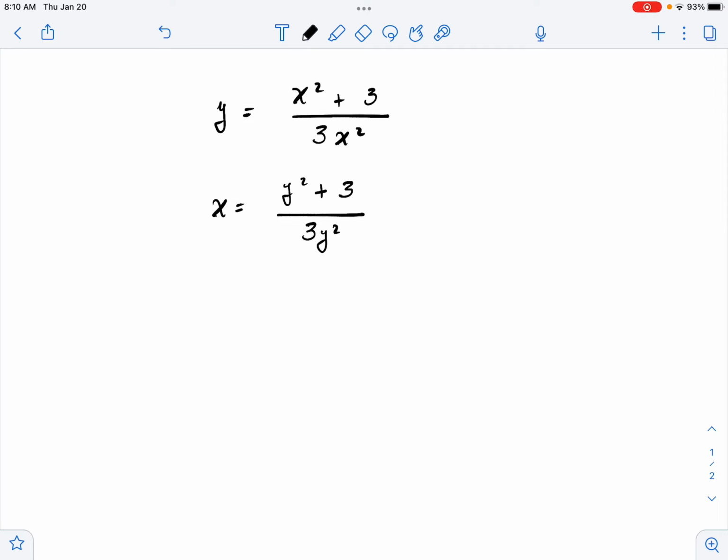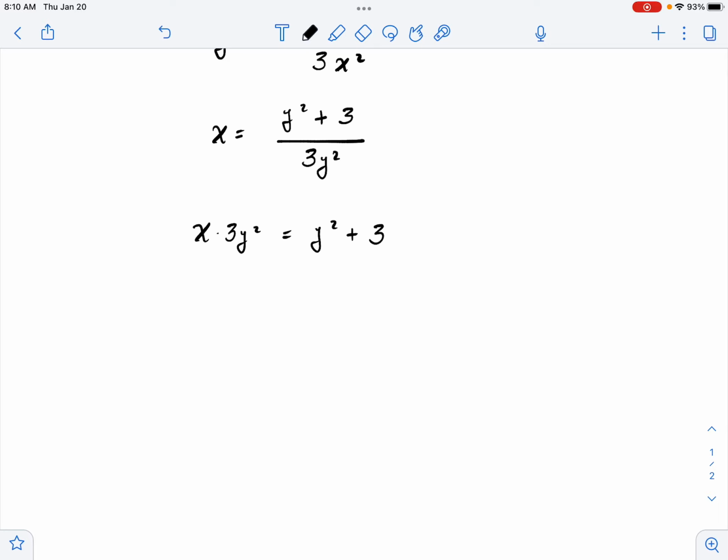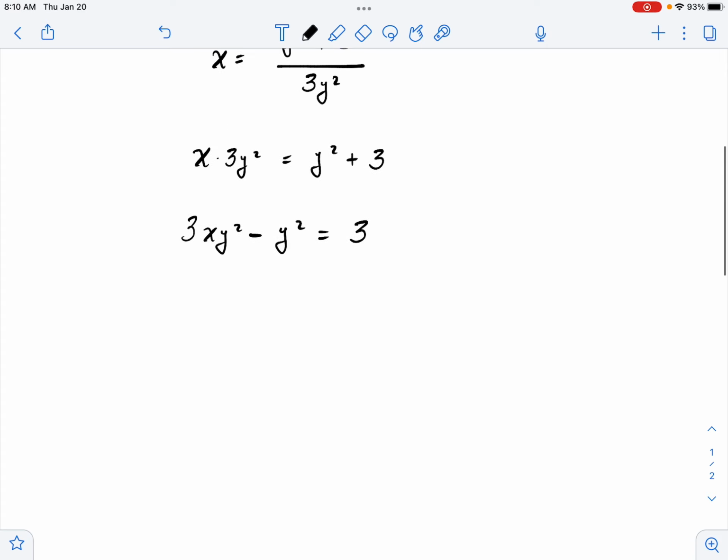I'll start by multiplying both sides by the denominator of the right, and then we'll gather my y squared terms to one side. So that will be 3xy squared minus y squared is equal to 3. And now I will factor out my y squared.